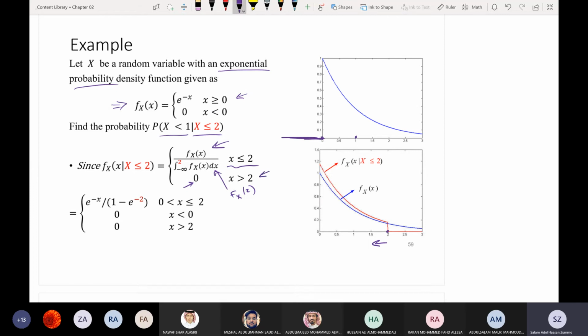And because of that, for x larger than 2, the conditional PDF is 0. واضح؟ Now we only need to find the first part. The first part is simple. It's the PDF, so it's e to minus x divided by the integral of the PDF from minus infinity to 2, which gives you this. This is this, the integral.